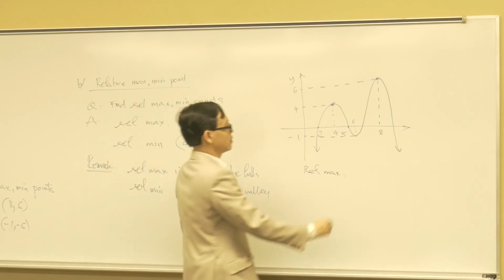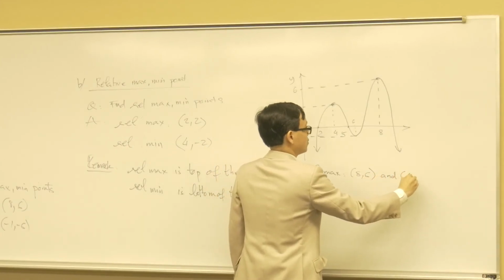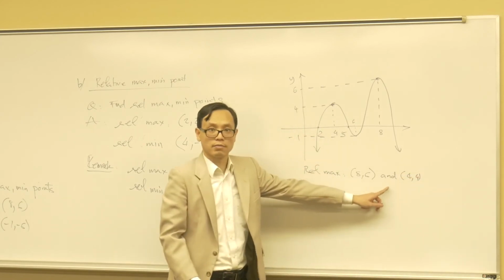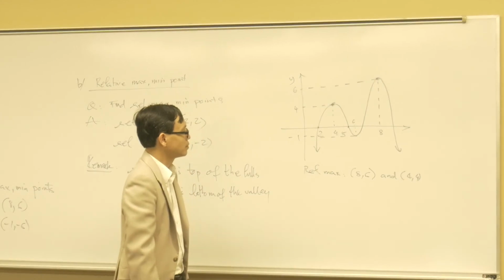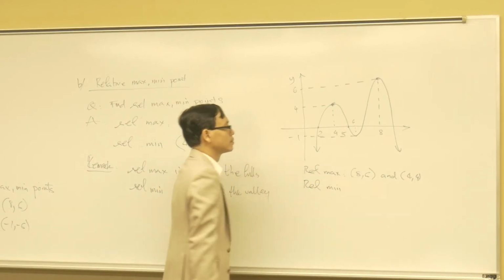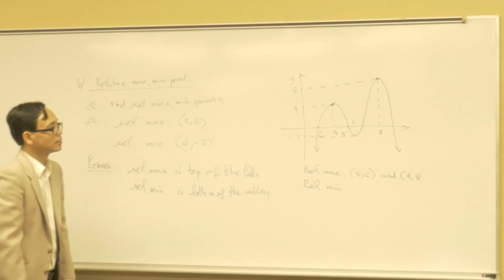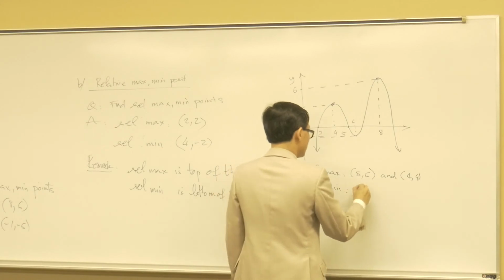And 4, 4. Don't use union, because this is a point. We don't use union. How about the relative min? 6, -1, because that's the bottom of the valley.